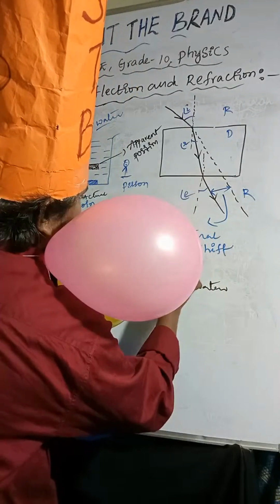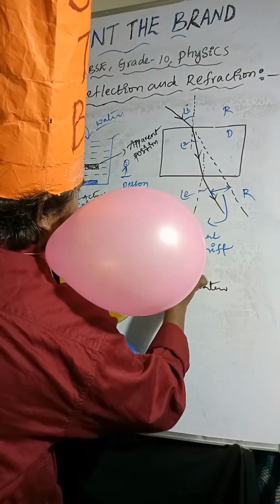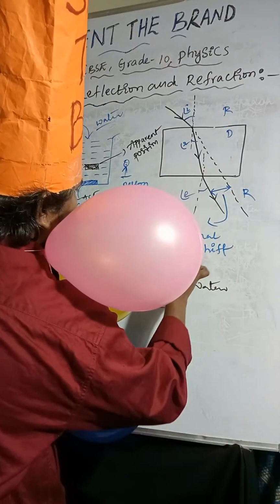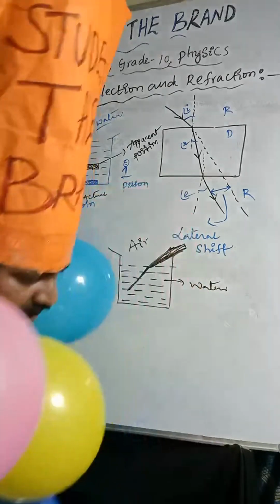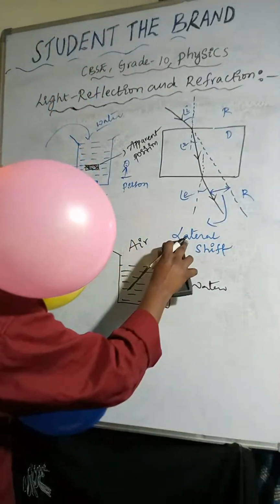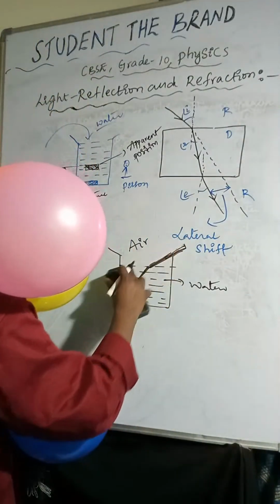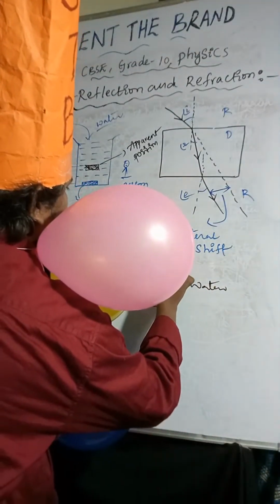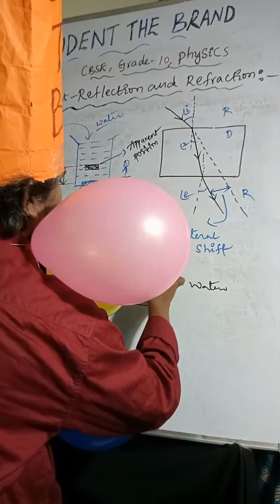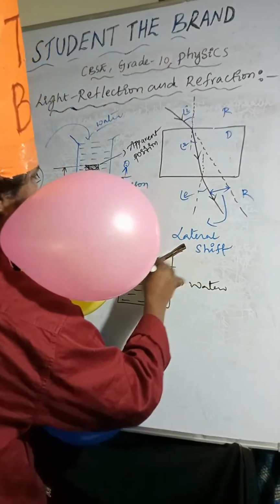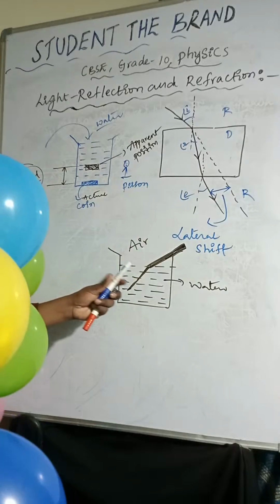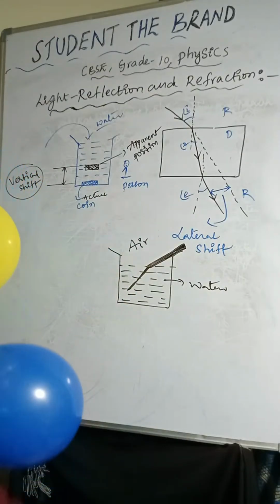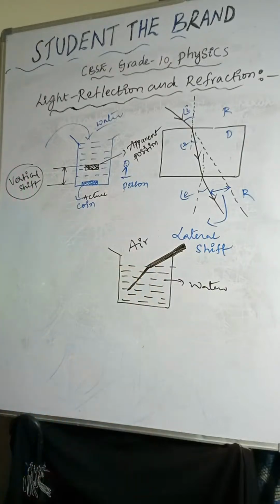At the point of interface of air and water, the pencil appears to be bent because of the refraction phenomenon.